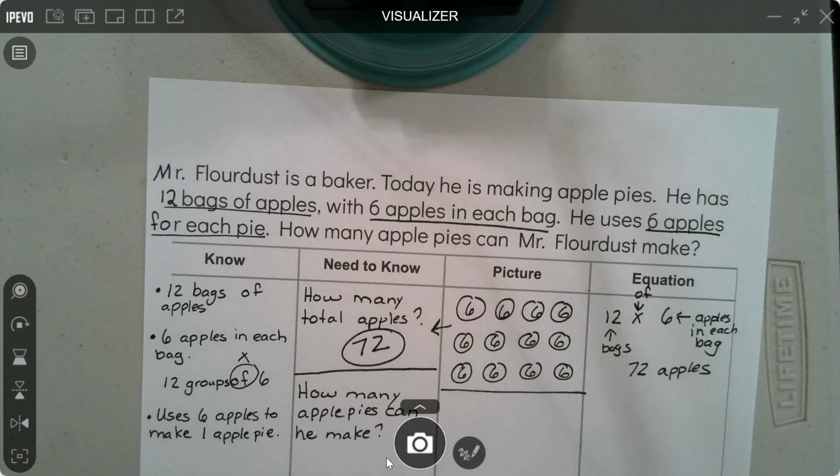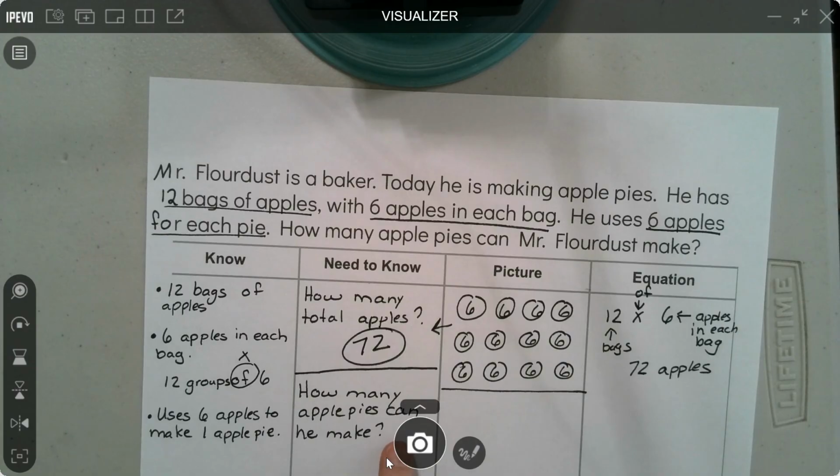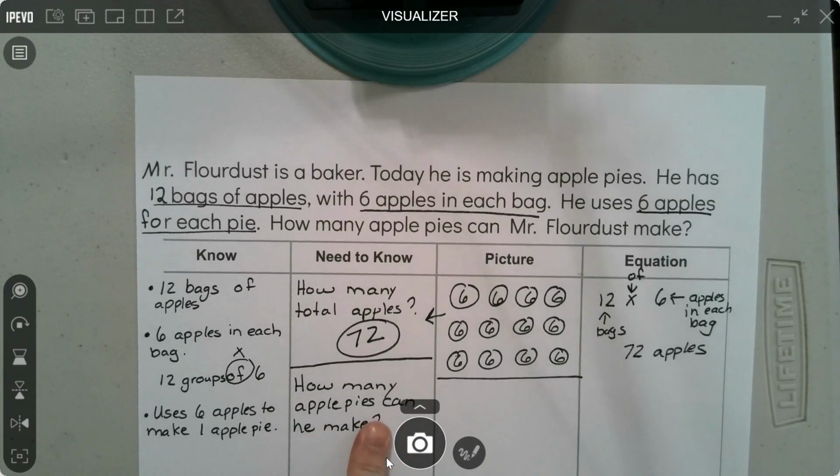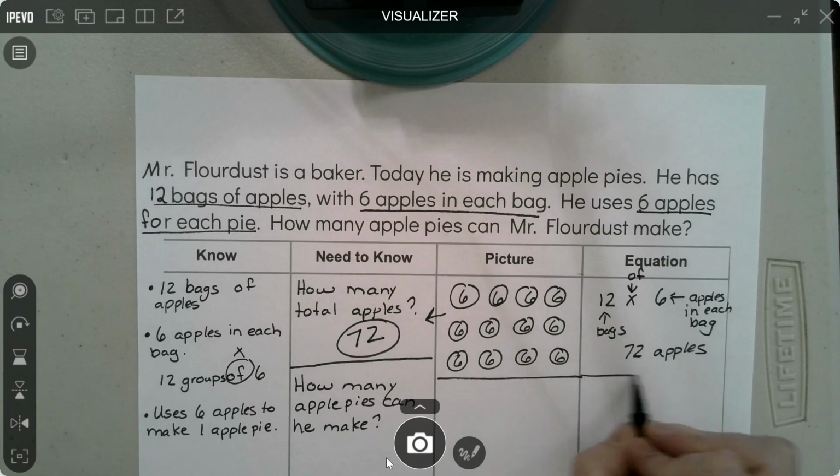So we know there's 72 apples, but we need the final question here. It says, how many apple pies can he make? Well, I know he has 72 apples, and I also know it takes 6 apples to make 1 apple pie. So I want to know how many groups of 6 can I make with 72? Okay, so that is a division equation.